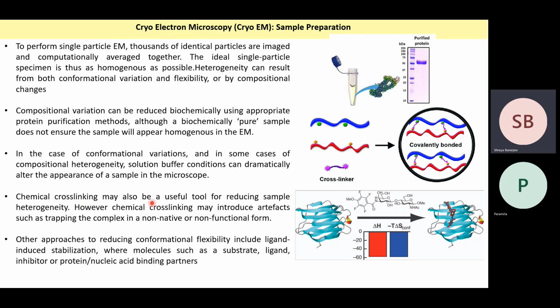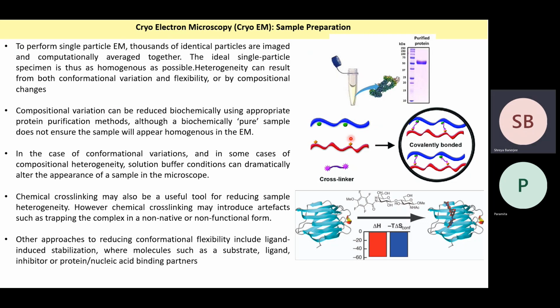Another way of reducing the conformational variation is known as chemical cross-linking, where suppose you have two free side chains. If they are left free, then they can adopt any conformation like alpha helix or beta sheet, and that will give a blurry image in the electron microscopy.